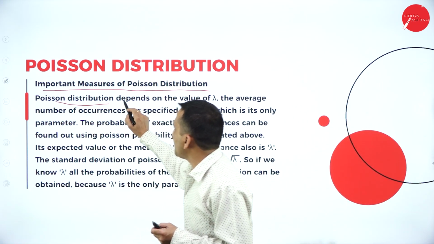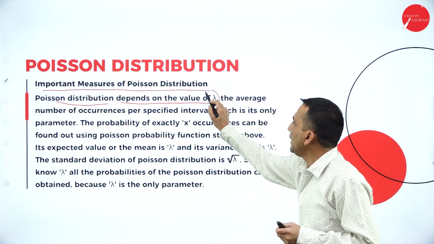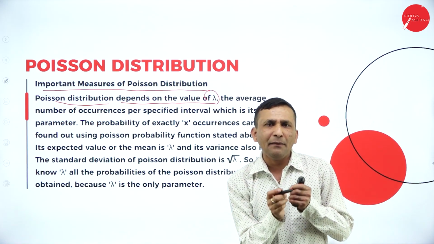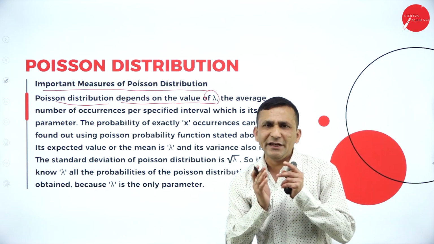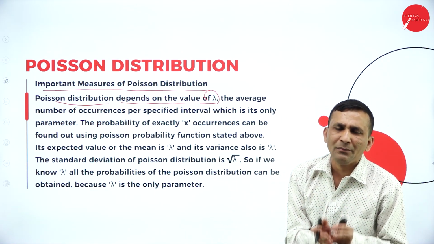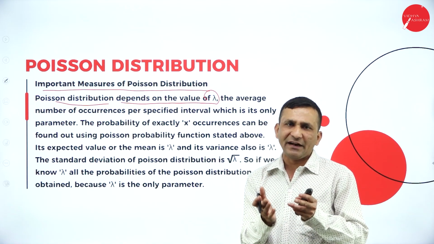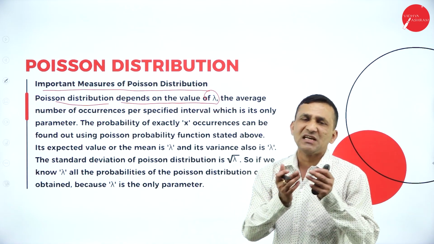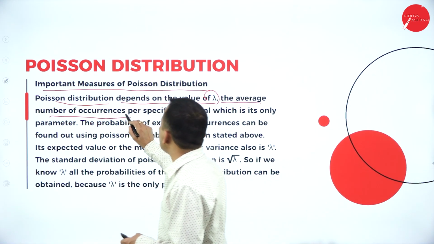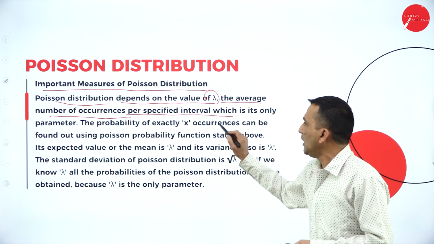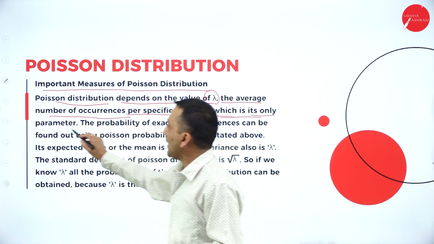How can we measure the Poisson distribution? The Poisson distribution depends upon the value lambda. Without a lambda value, we cannot calculate, so for that reason we need to identify it. In some problems, they will clearly specify the average, so that we can take it as the lambda value. The average number of occurrences per specified interval is the only parameter.